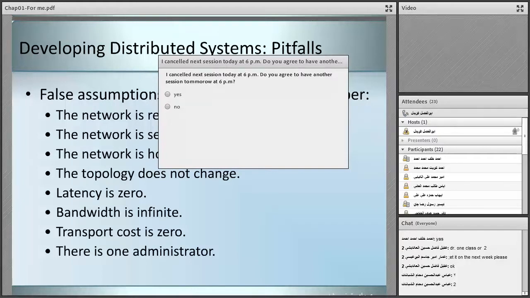Where are the others? Some students say no. Why? Are you busy at that time?